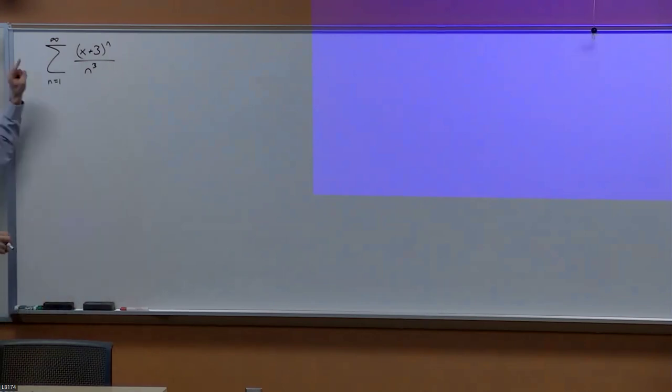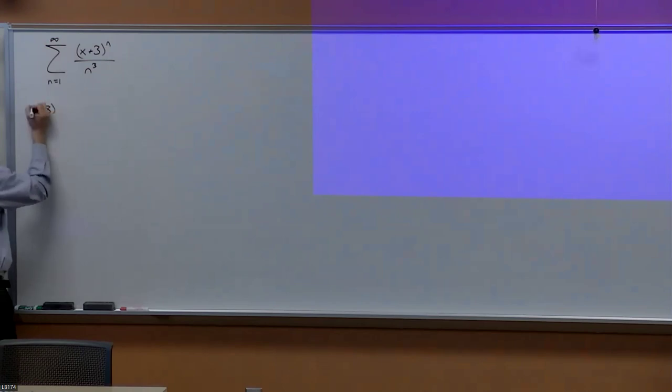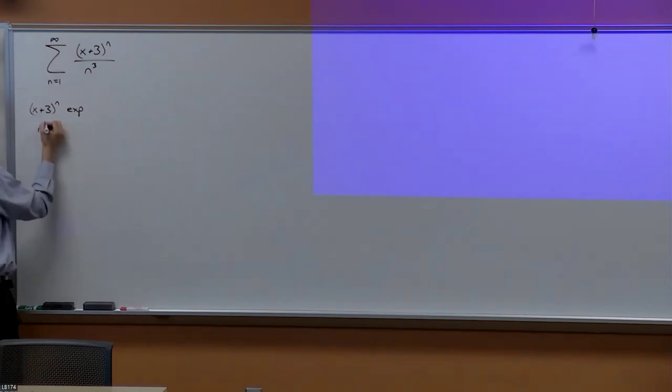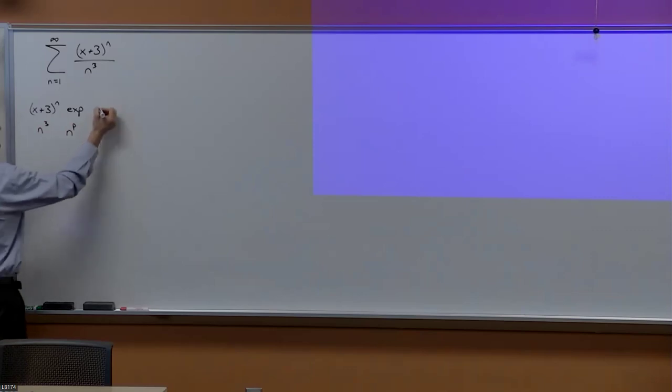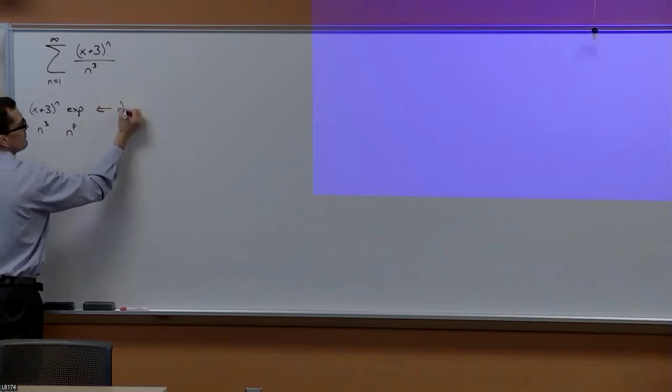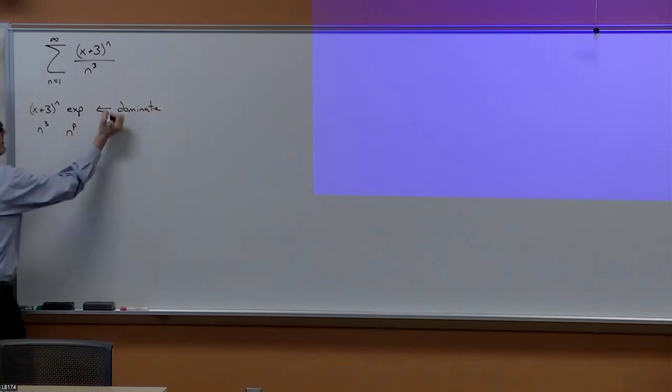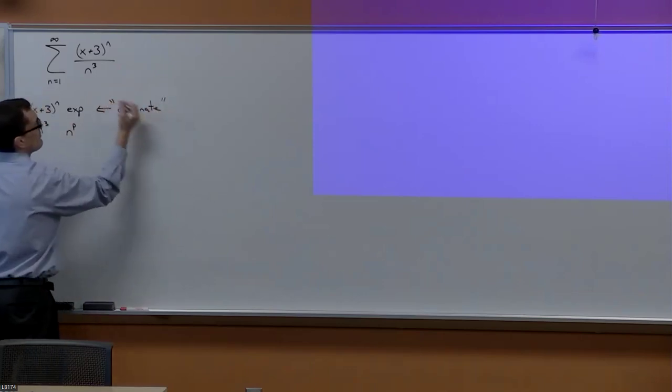Hopefully we see this x plus 3 to the nth power. That's exponential type growth. n to the third is n to the p type growth. So the exponential is going to dominate. It is the faster of the two growths around.